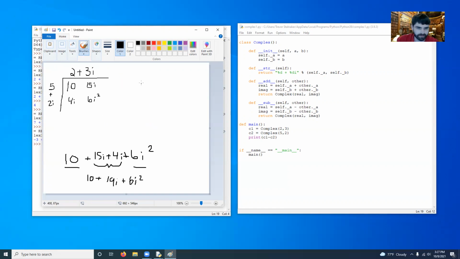If you remember from algebra class, and from the beginning of this video, i equals the square root of -1. So therefore, i squared is the square of the square root of -1. And then these cancel each other out. So i squared is -1.